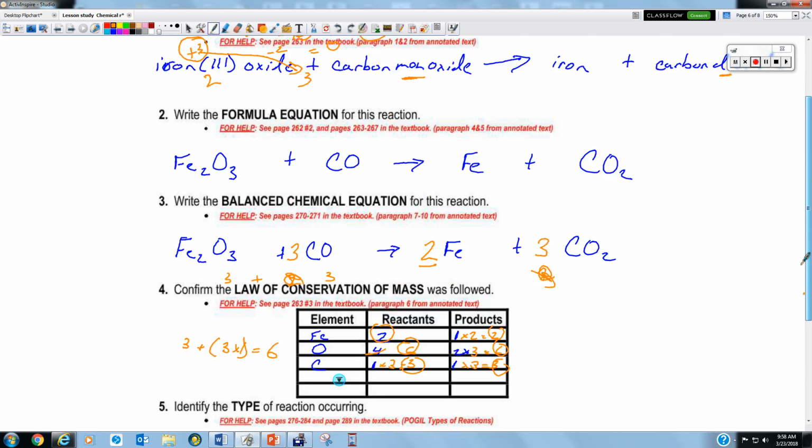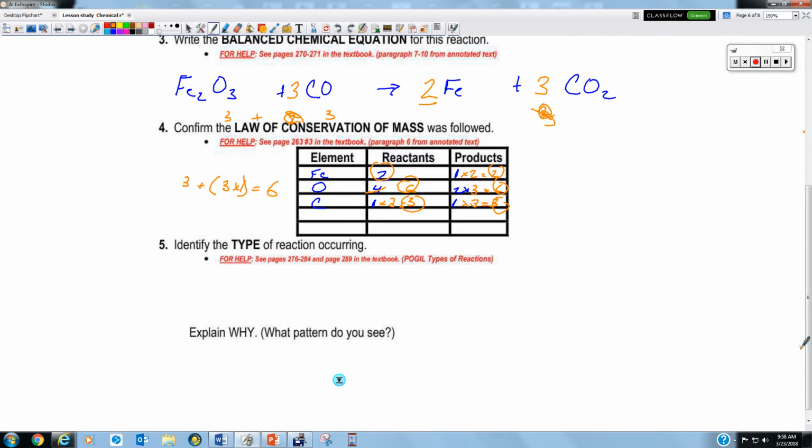Now, coming to this last part. I actually have trouble naming this one as any one particular type. It's actually a couple of different types. If you were to do this and you said single replacement, I probably would have given it to you on that one, because what we do see here is this iron ends up by itself.